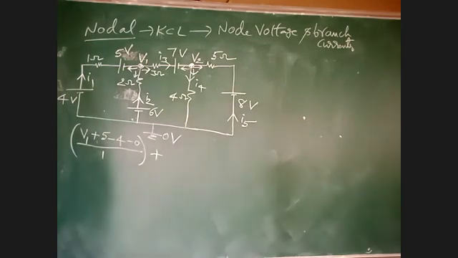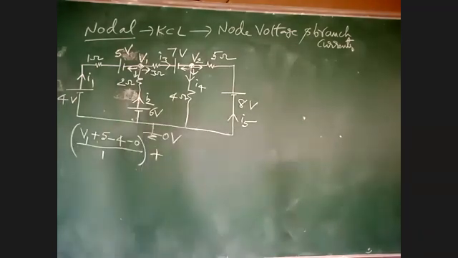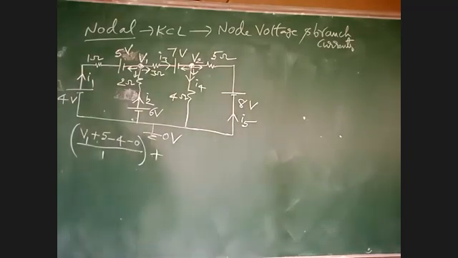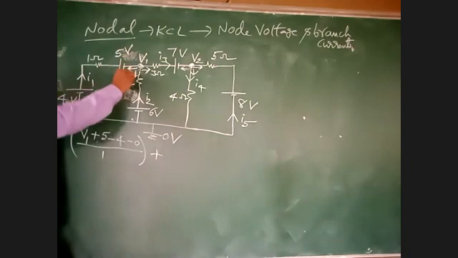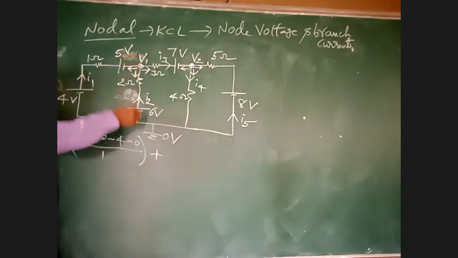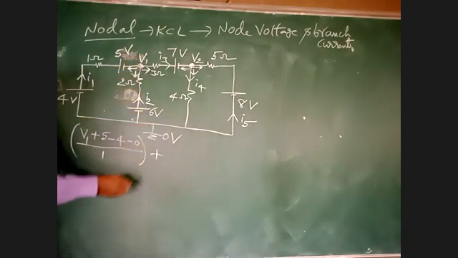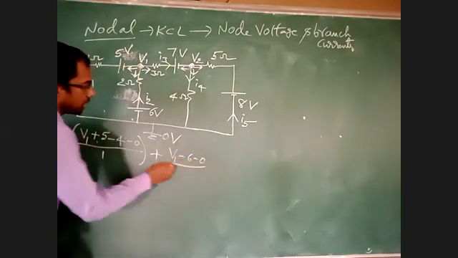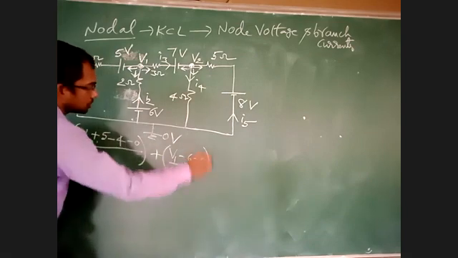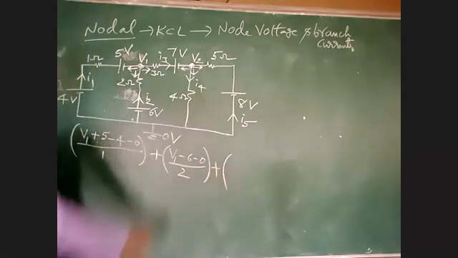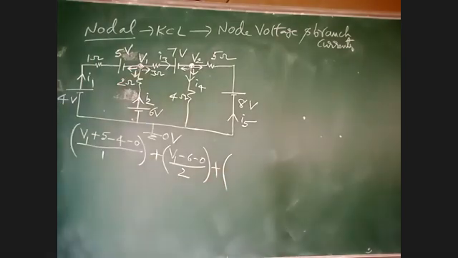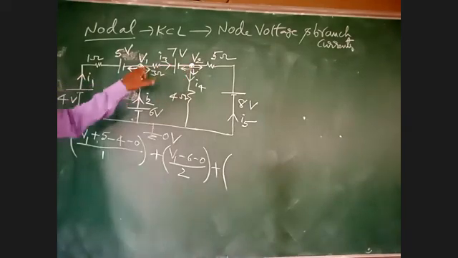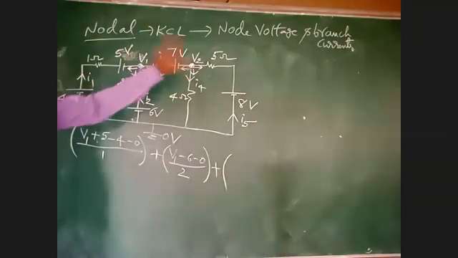Now the second arrow at this node, it is moving down from V1 to 0. That is V1 minus 6 minus 0 by 2. Now tell me the third one. The arrow is moving from this node to this node, V1 to V2. V1 is positive, V2 is negative.